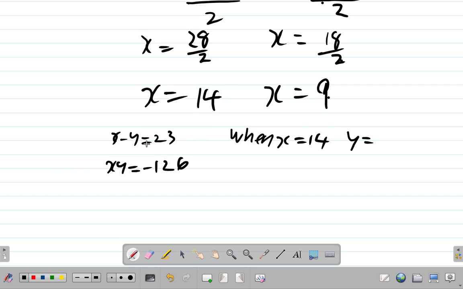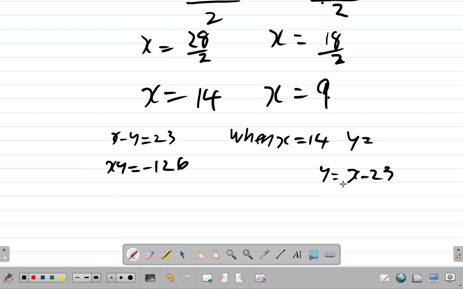Now, when we transpose this, what we found, let's use equation 1 to solve it. What we found was that y was equal to, what was it again? x minus 23.